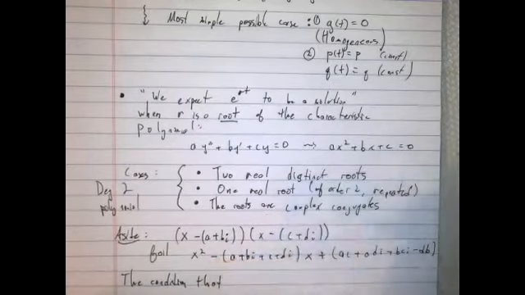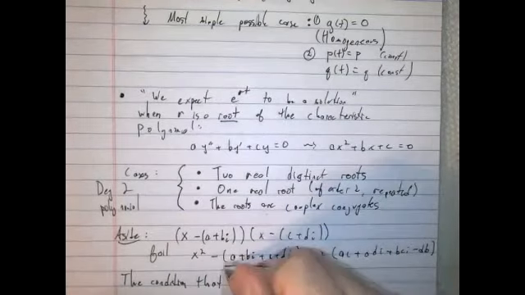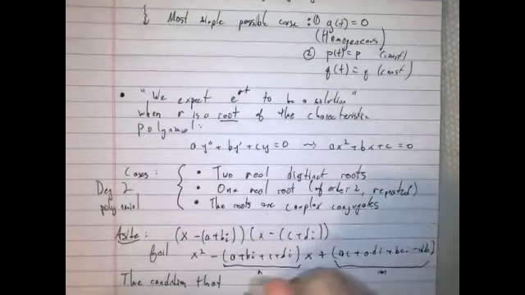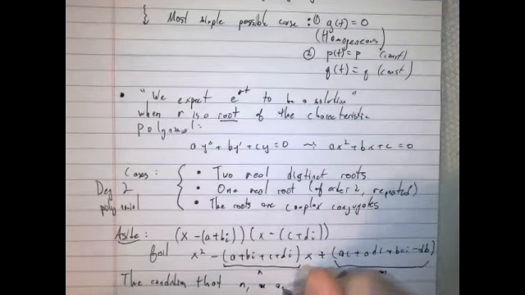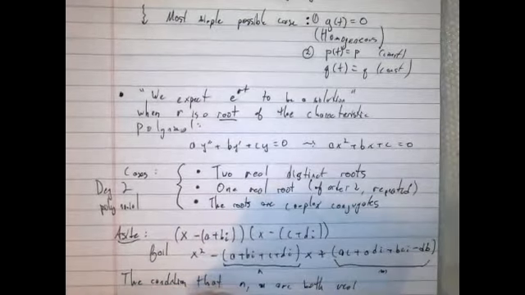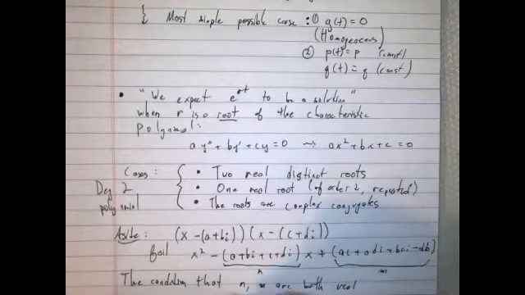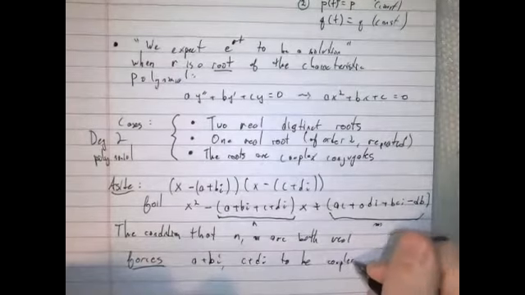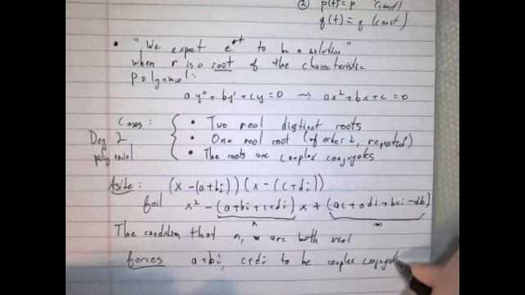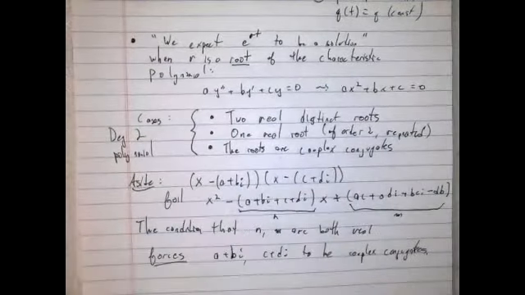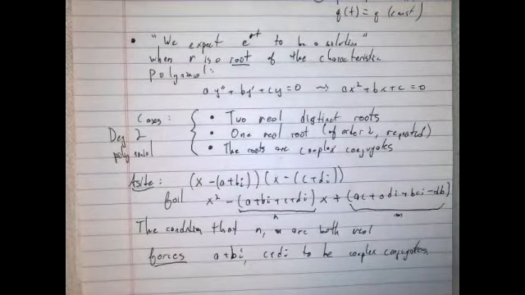So the condition that this number n and this number m, n and m are both real, forces a plus bi and c plus di to be complex conjugates. I'm just reinforcing the idea that this notion of the two roots being complex conjugates isn't something that you have to memorize.